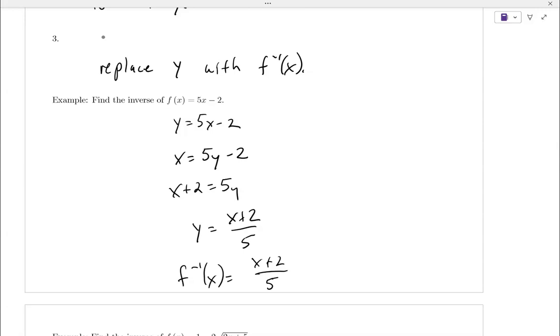Before we go on to the next one, I want to chat just briefly about this. So a couple of things. Let's look at the original function. If I plug a number in for x, what's the first thing you're going to do? Multiply and then subtract, right? If I'm going to undo that, I got to undo the subtraction first, because that's the last thing that I did, right?